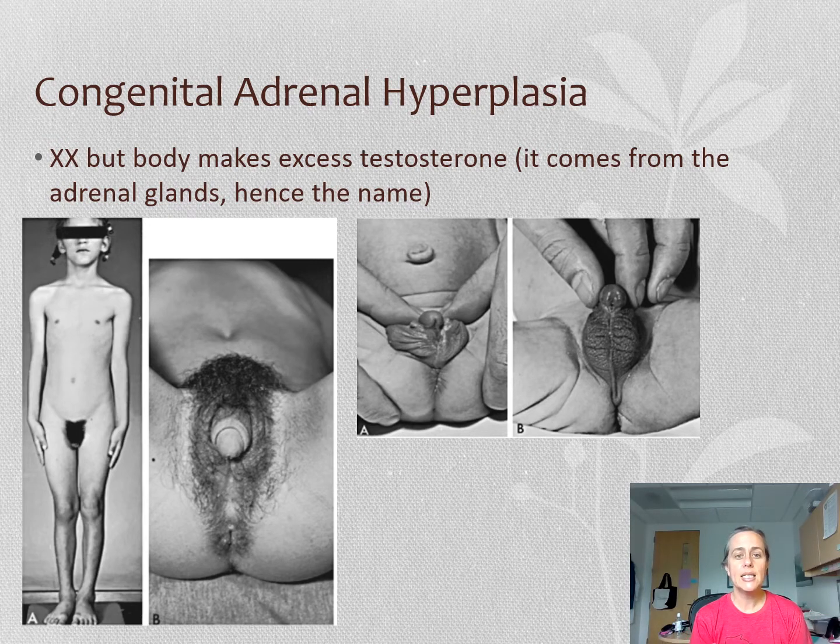And so we can see in the image over on the left, a girl who is XX and has congenital adrenal hyperplasia, where her body makes excess testosterone. And so not only do we see that the clitoris has become significantly enlarged, right, and so looks more like a phallus or a penis than a clitoris, she still has the labia majora on either side.